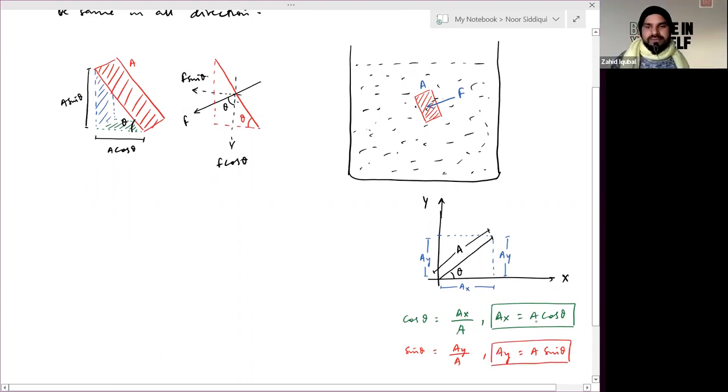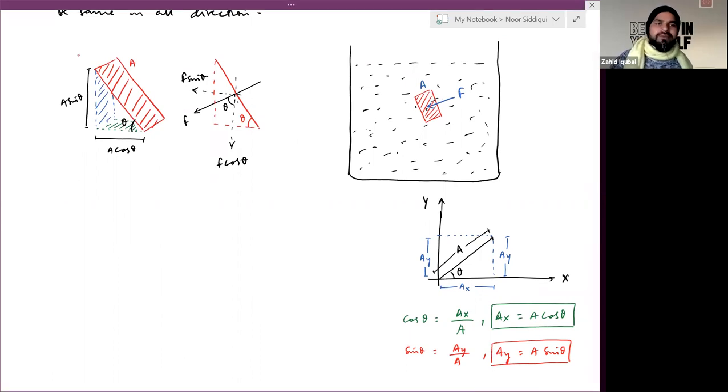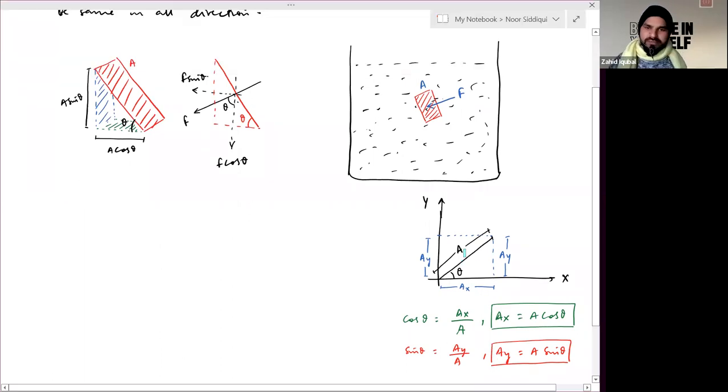So from this part, we have concluded that whenever you have to calculate the components of a particular vector A into its adjacent segments on either side, one along theta and one perpendicular to it, the x component, or the component adjacent to theta, will be equal to vector times cos theta. And similarly, the component perpendicular to it, termed the y component, equals vector times sin theta. Is it clear?